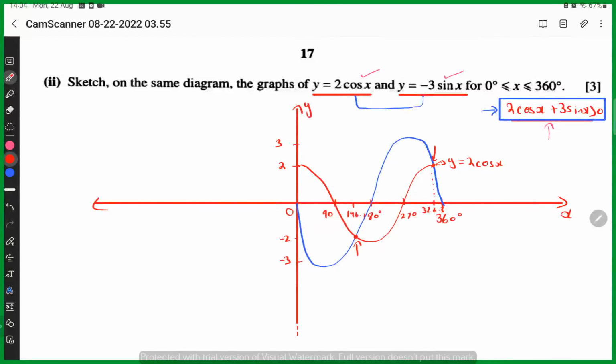It is 2 cos x plus 3 sin x, okay? And over here, I have the two graphs for 2 cos x and minus 3 sin x. So don't you think that it is going to be greater than 0 for this part? Let me make a line.